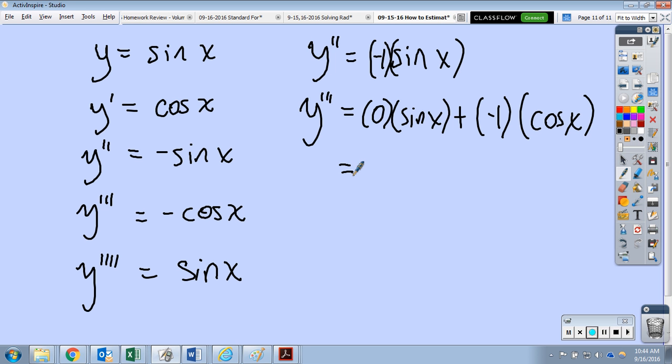So y triple prime simplifies to negative cosine of x. When it's a negative cosine, we use the cosine derivative. You can always think of a negative in front of something as literally negative 1 times that value.